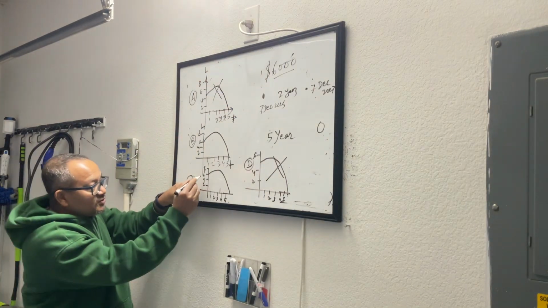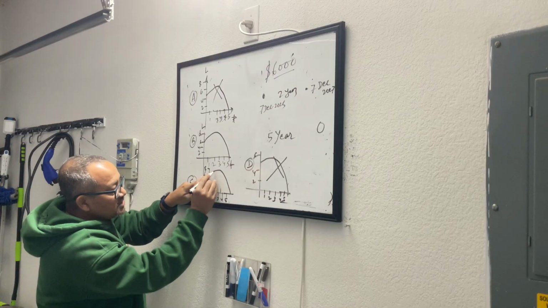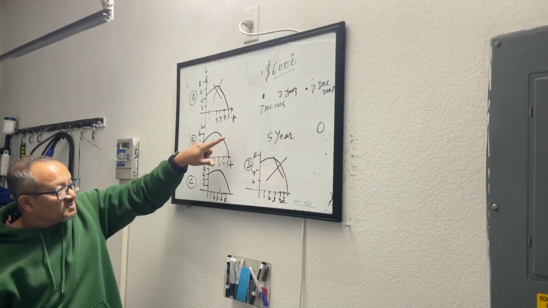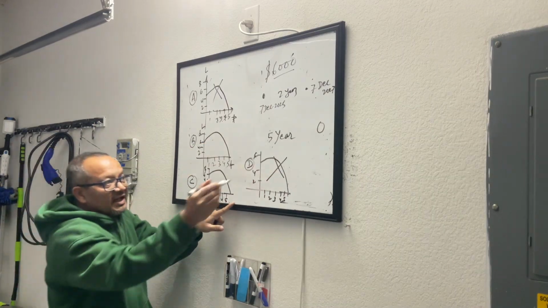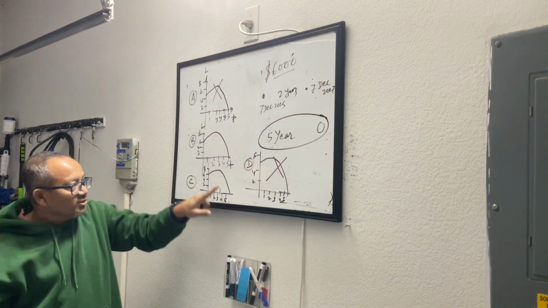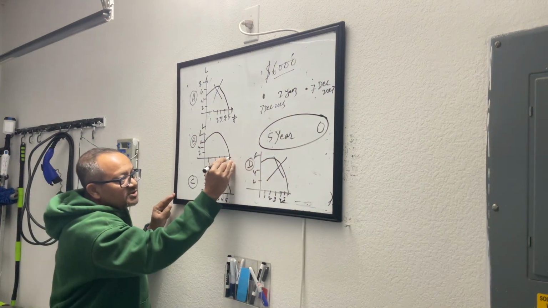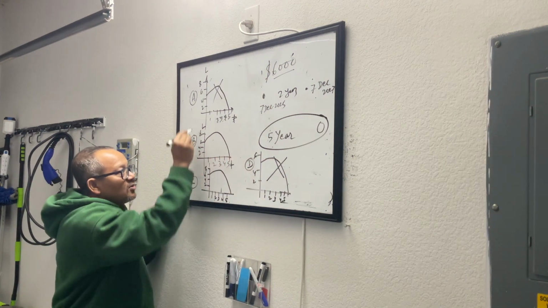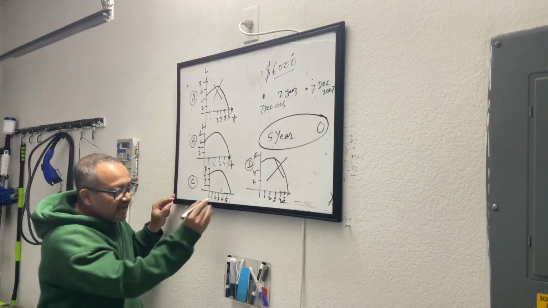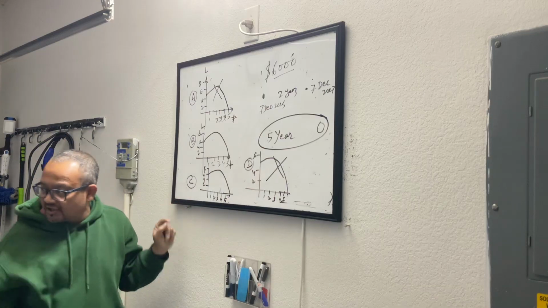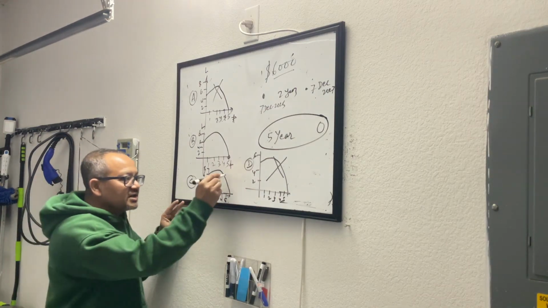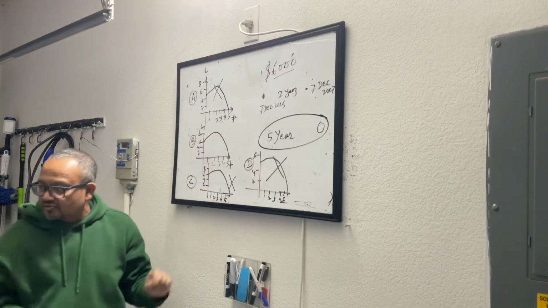And in both cases, after certain years, it is increasing. Both are increasing. But the only difference between this one and this one is the last statement of the question, which says after 5 years the balance is 0. Look at this one. It comes here. Your loan amount L becomes 0 after 5 years. This one is going beyond 5 years, meaning the loan is still carrying forward beyond 5 years. So this one is not the right representation. So this is also ruled out.